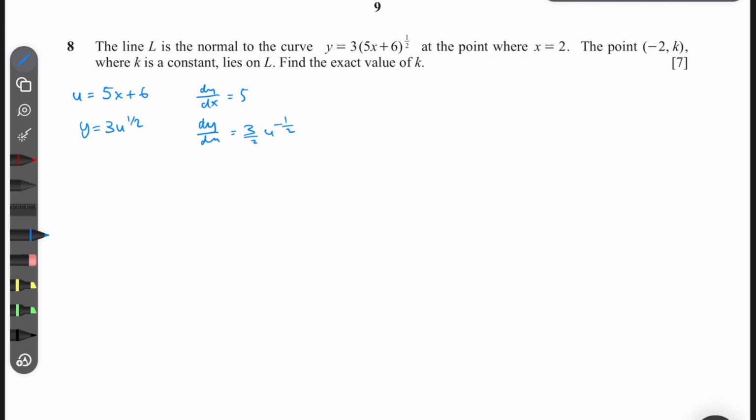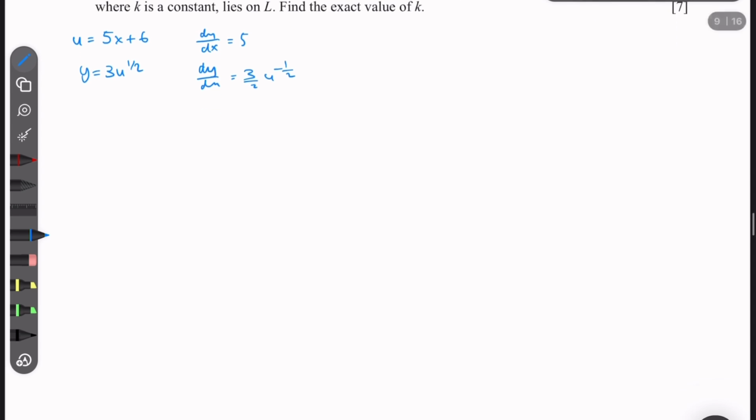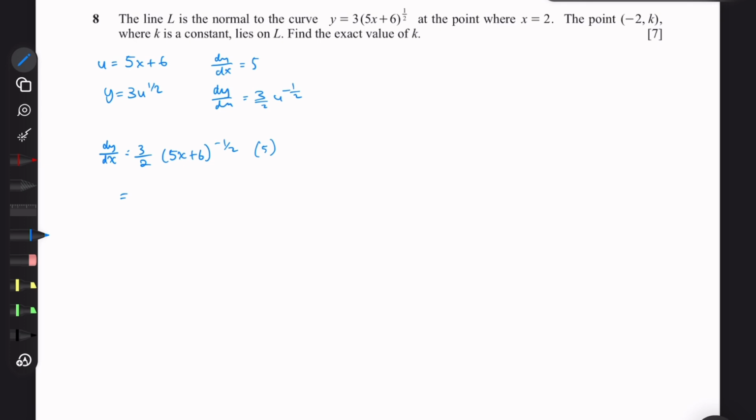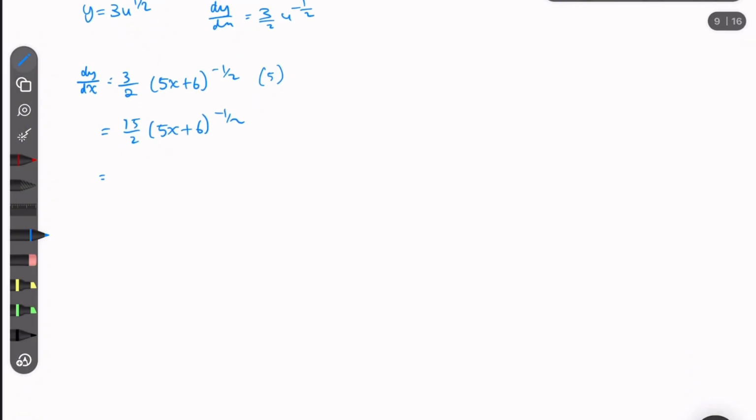Okay, now you can sub x is equal to 2 into dy dx to get the gradient of the tangent.